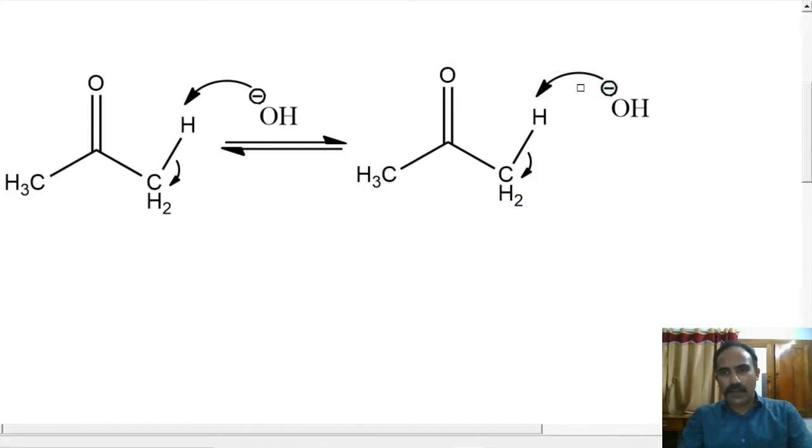This means the 2 electrons are going to be staying between these 2 atoms, that means oxygen and hydrogen. So there is going to be a new bond, that is this one, and the old bond is breaking.